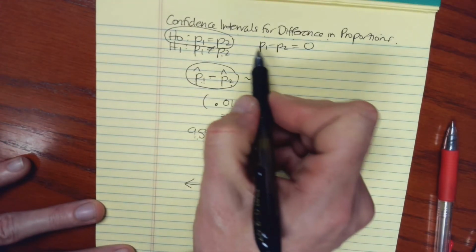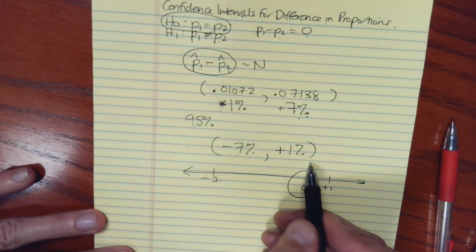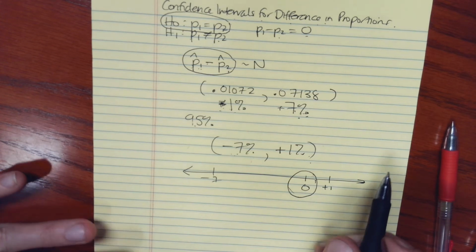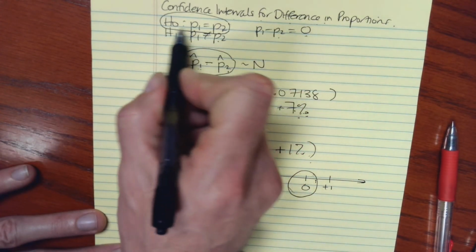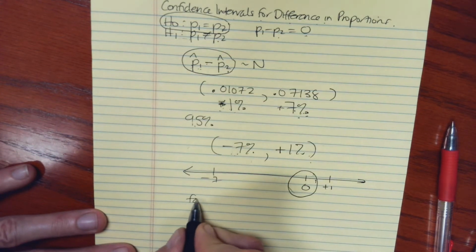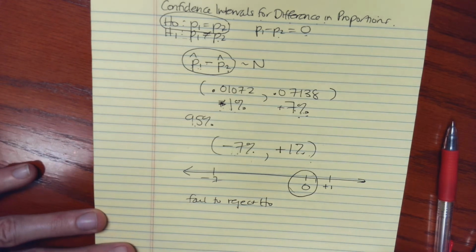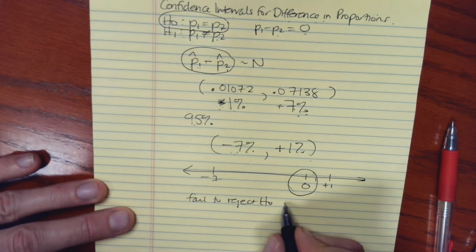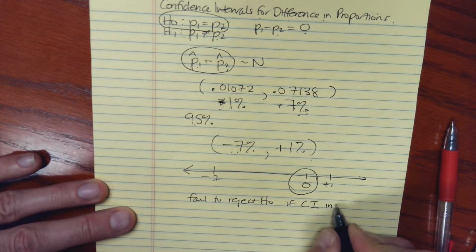So that happens when these values are equal. Now, if your confidence interval includes 0, then basically your decision is going to be that you would fail to reject the null hypothesis.